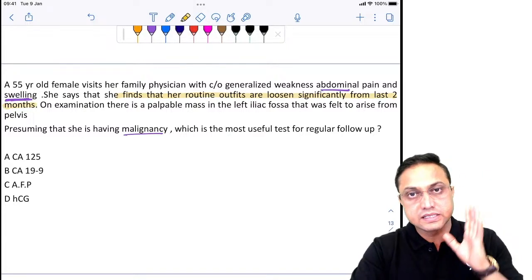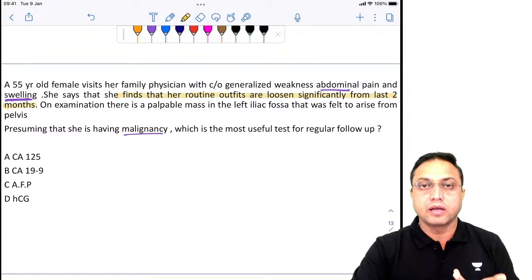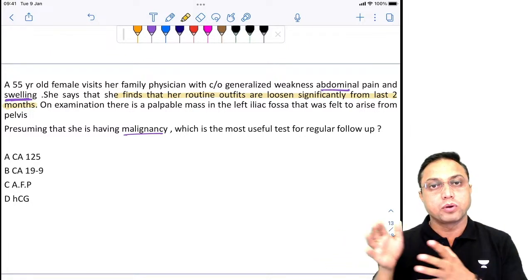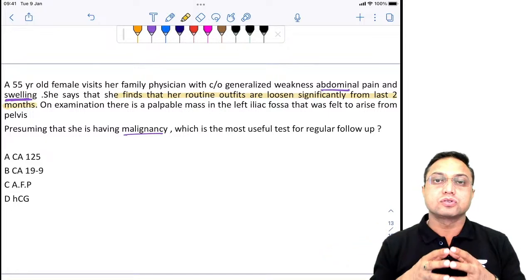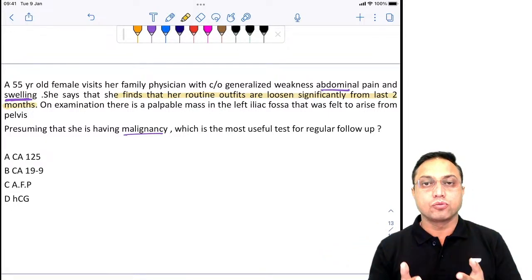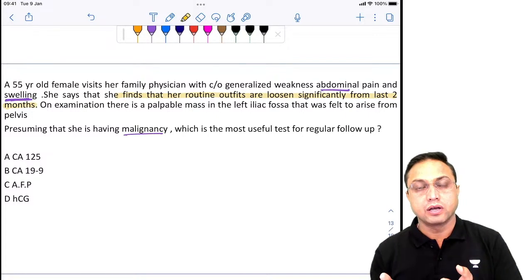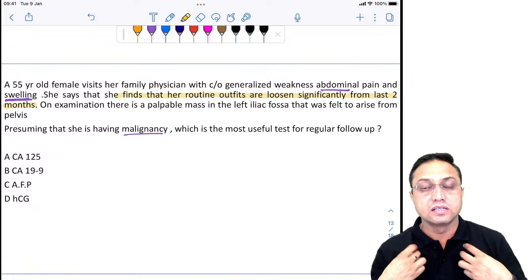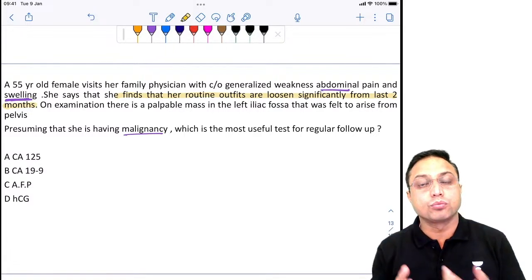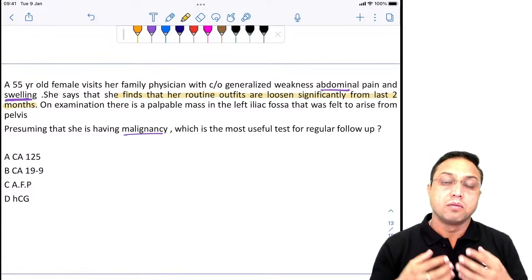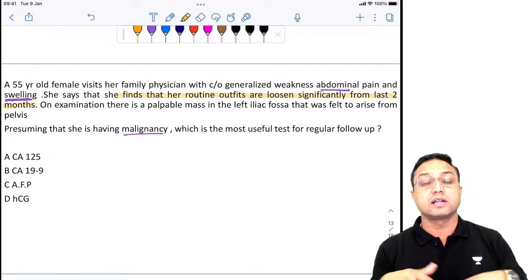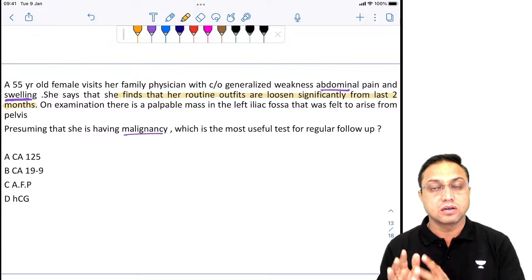Sometimes the patient hasn't measured their weight for quite some time. Then what is the other way to ask? Have your clothes loosened over the last 2 months? If they say yes, my t-shirt, my pants, or whatever outfits they wear are significantly loosened, it means there is a significant weight loss.